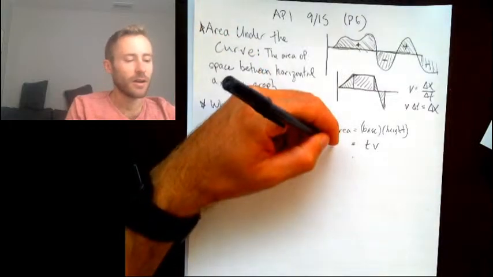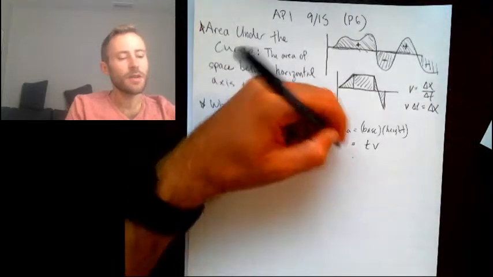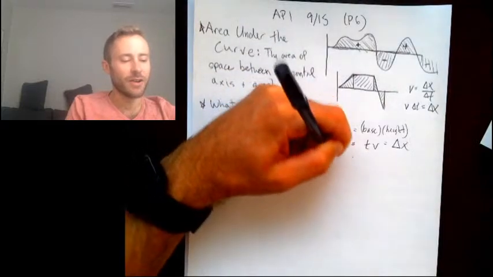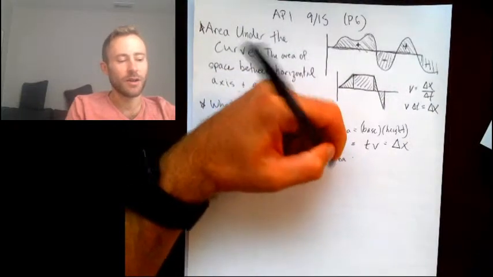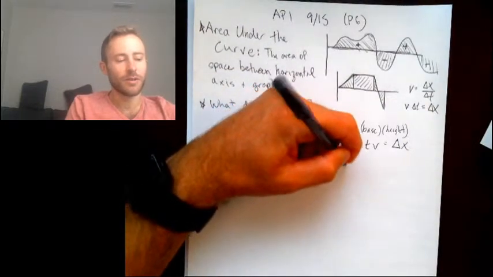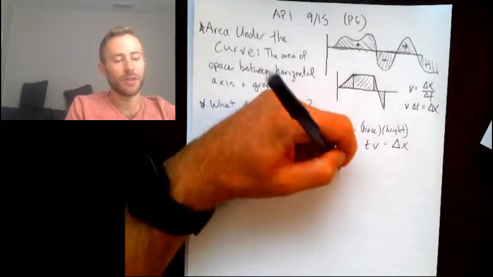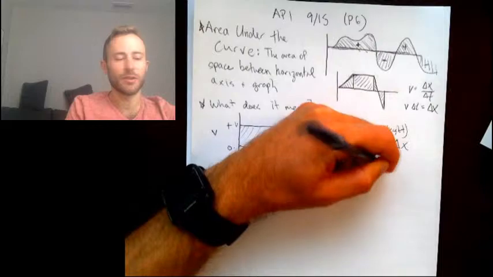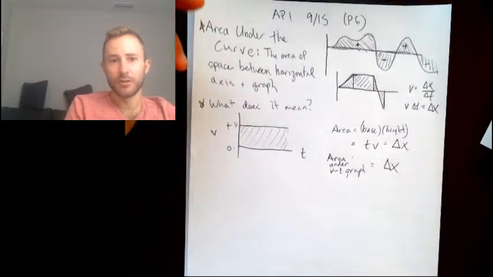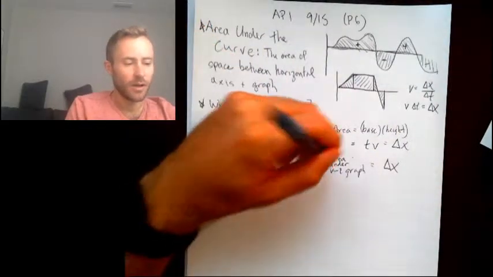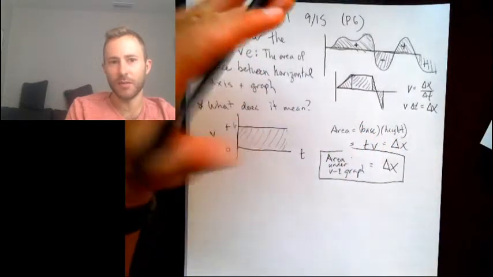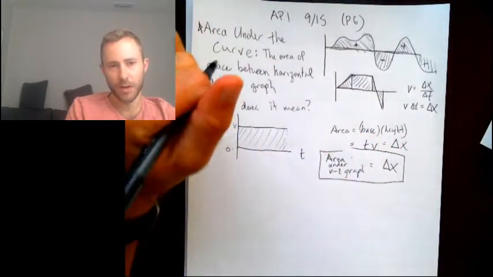So what we get is the area under the curve of a velocity time graph is equal to displacement. Okay? So that is our major new fact for today. The area under a velocity time graph is displacement. Okay?